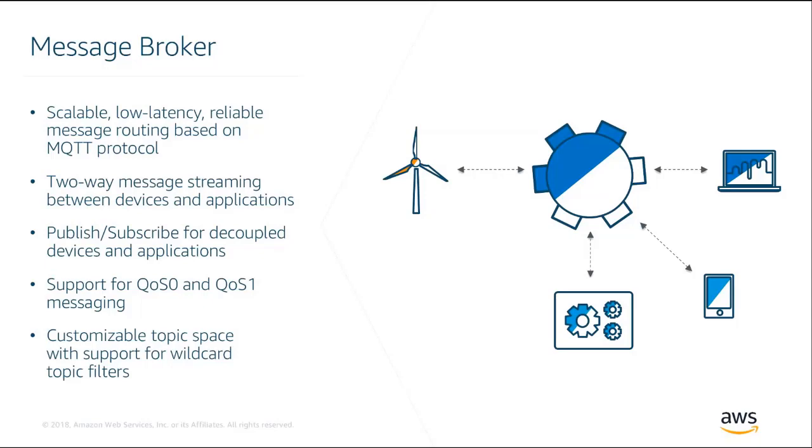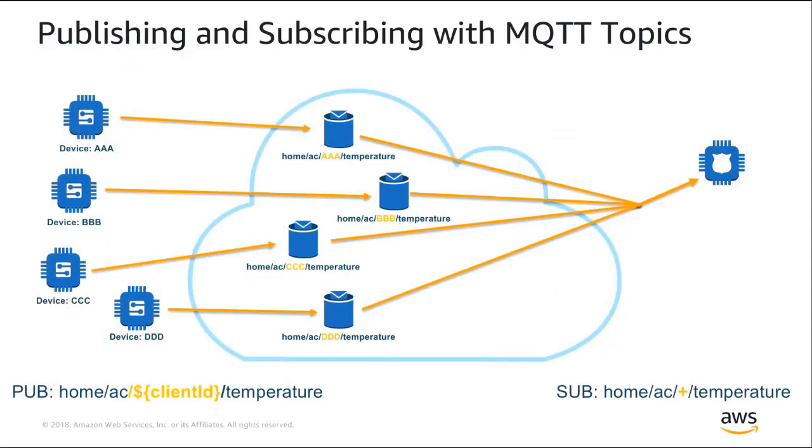To give an example of what publishing and subscribing will look like, on the far left, we have a number of devices, and each device has its own client ID. So the device on the top left has device AAA, device BBB, CCC, and DDD. Each one of these devices is going to publish to its own topic.